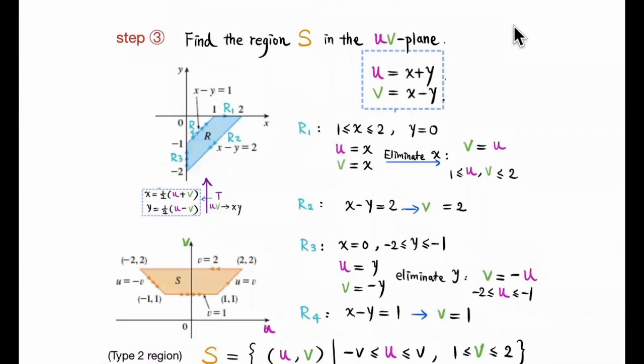The R2 over here is the equation for this line here. Notice that if you know the x-intercept and the y-intercept, you can write out the equation of this line. It is x minus y equal to 2. And remember, x minus y equal to v. So this one here is v equal to 2.